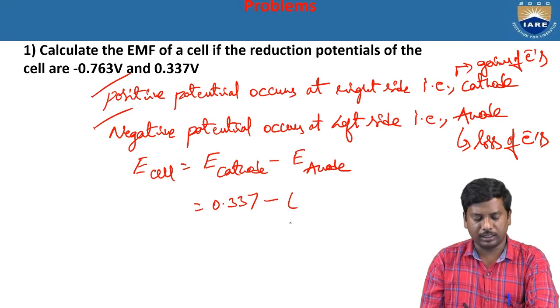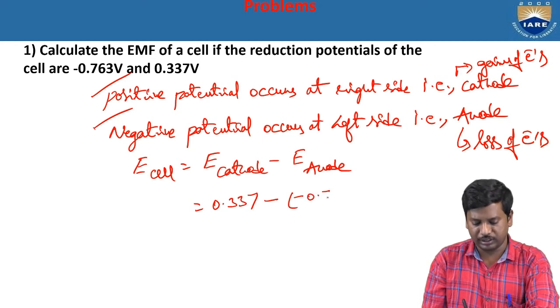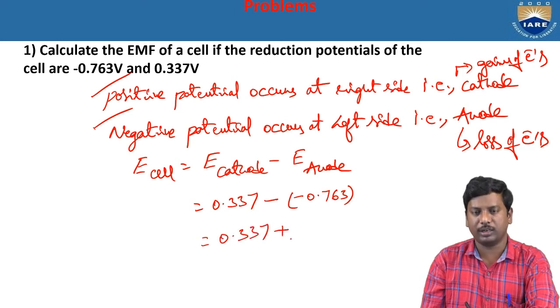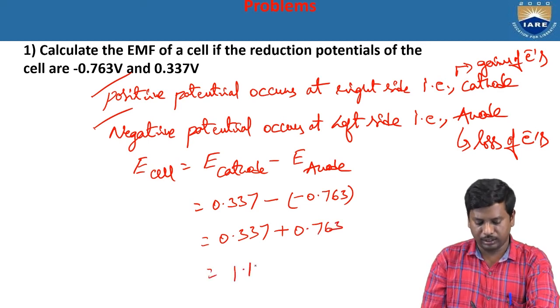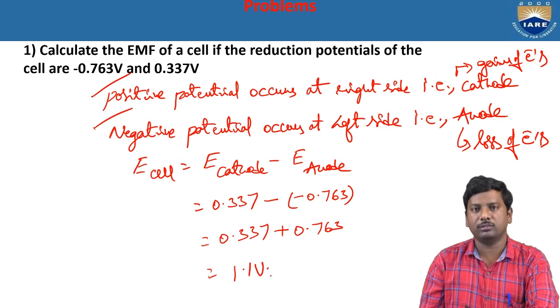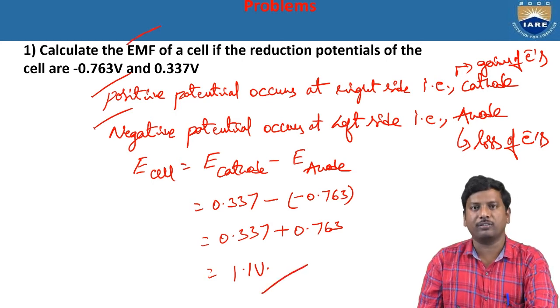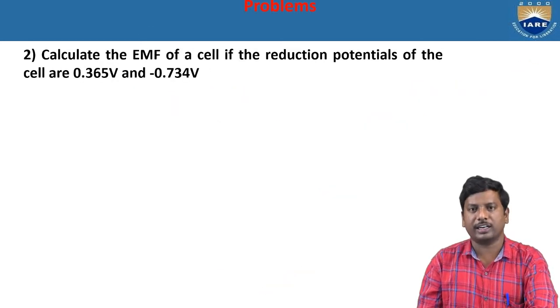And what is the potential at the anode? Minus 0.763 volts, the negative potential at the anode. So finally, 0.337 minus of minus 0.763, that is 0.337 plus 0.763. We get 1.1 volts. So this is the solution for the given problem, and the EMF of the cell is equal to 1.1 volts. Now let us see the second problem.